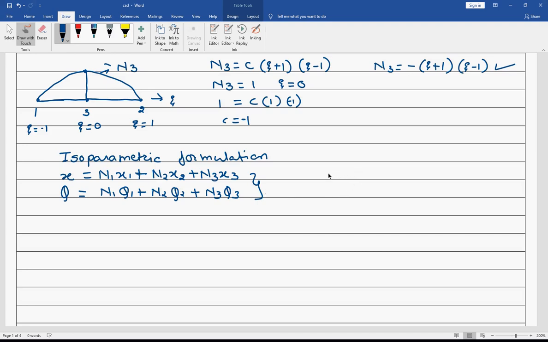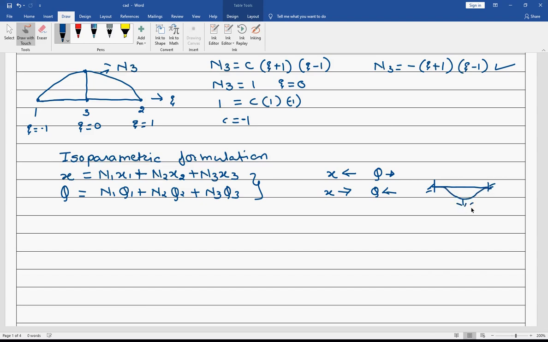What is superparametric? If x has a lower order than q, so q has a higher order, then it becomes superparametric. But if x has a higher order and q has a lower order, then it becomes subparametric. For superparametric, one example you could take is a simply supported beam, and you have the displacement diagram like this.